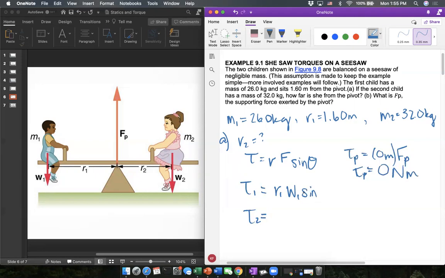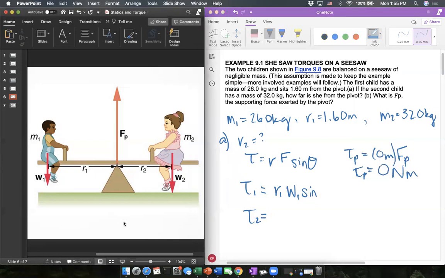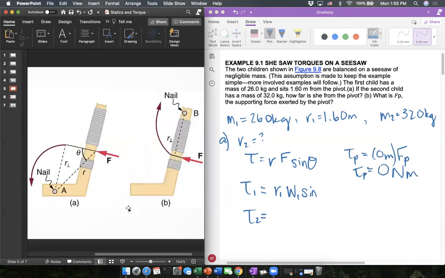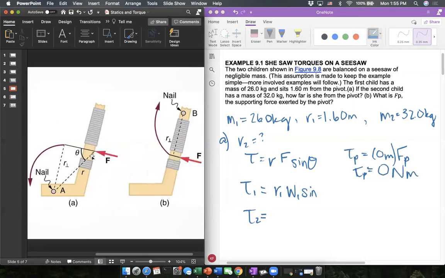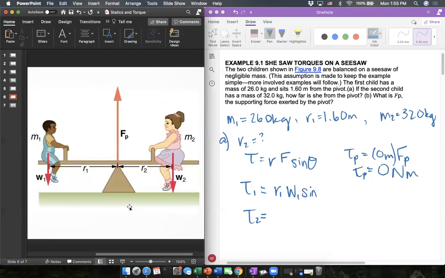So what is our theta going to be? Remember, our theta is between our r and our force, our radial vector and our force vector. Let's go back.